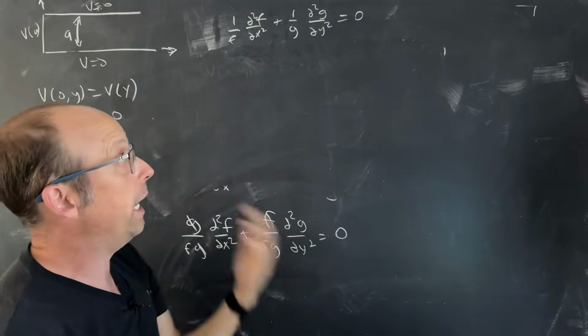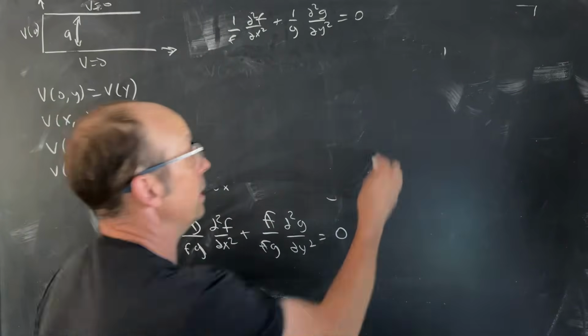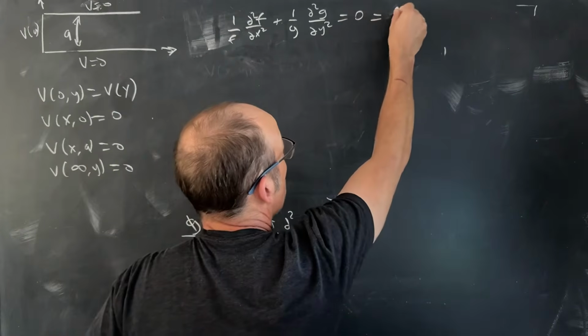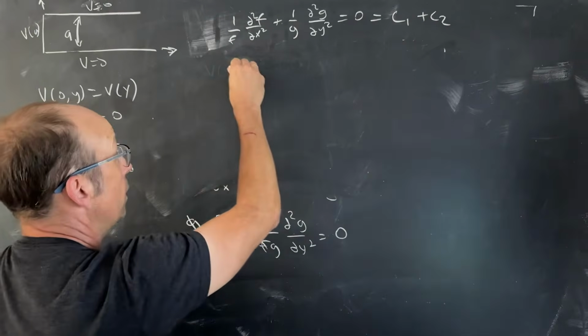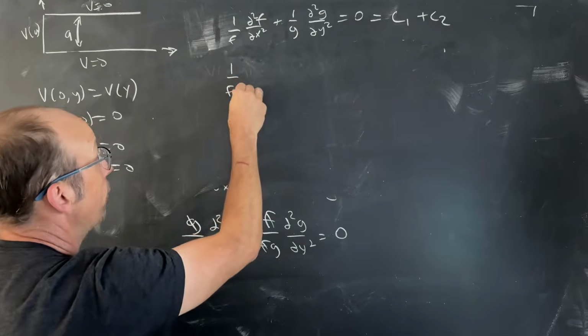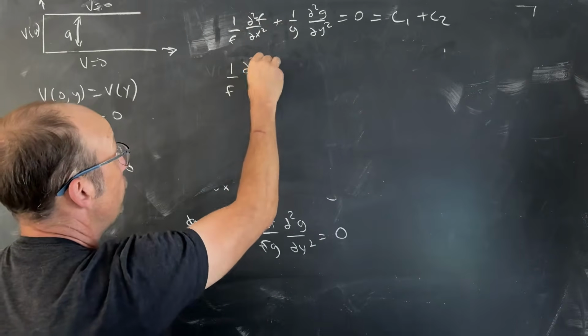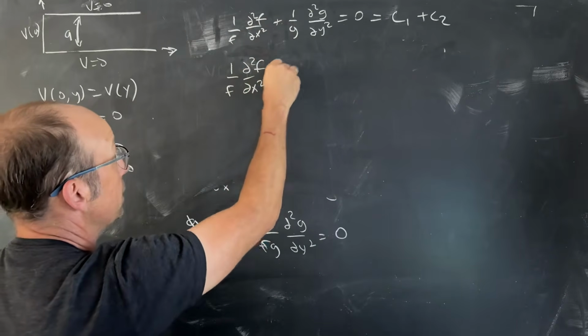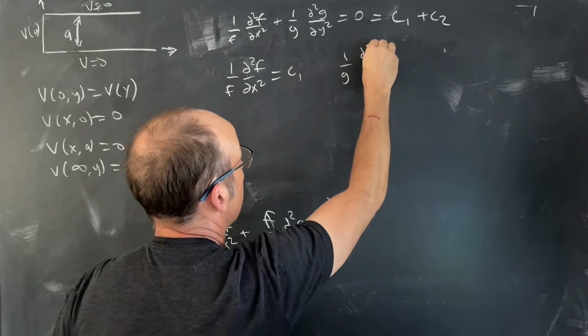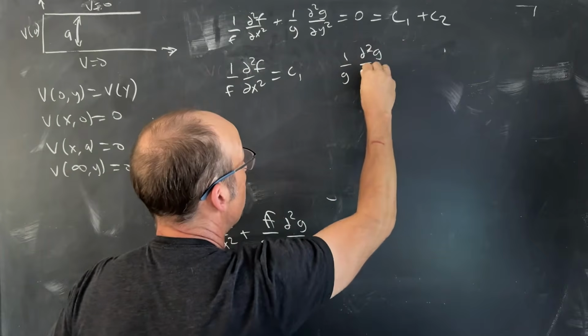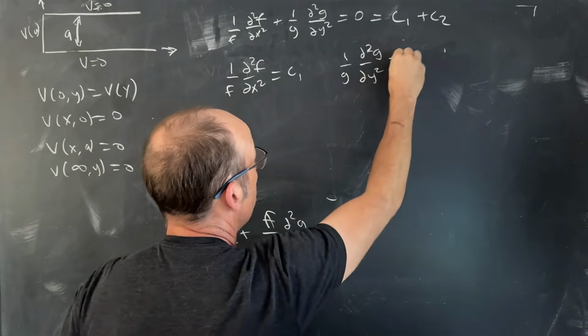So the only way to get this to work is to say this is equal to C1 plus C2, such that 1 over f, second partial of f with respect to x is equal to C1, and 1 over g, second partial of g with respect to y is equal to C2.